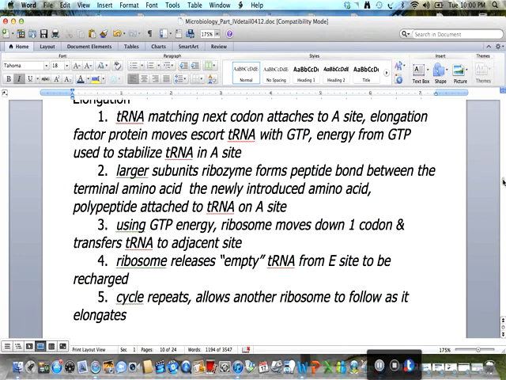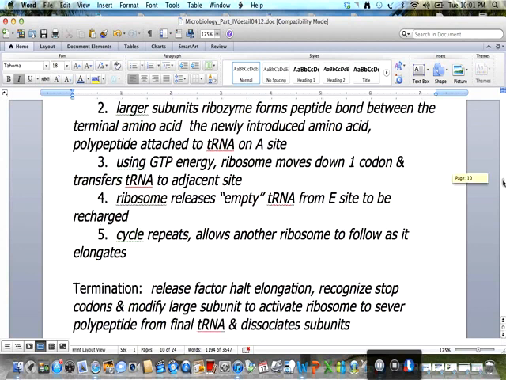Using the energy from the GTP, the ribosome moves down one codon and transfers the tRNA to the adjacent site. The ribosome releases the empty tRNA from the E site to be recharged, and the cycle repeats itself. This allows another ribosome to follow as it elongates.